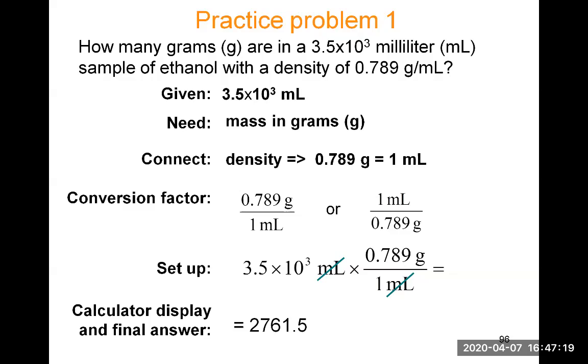The value is 2761.5. We need to keep the 2 in the thousands place and the 8, because the 7 will be rounded to an 8, in the hundreds place. So we will need to add 2 zeros to show that the 2 is in the thousands place and the 8 is in the hundreds place, and then 2 zeros. Grams. So that's how we round to 2 sig figs.